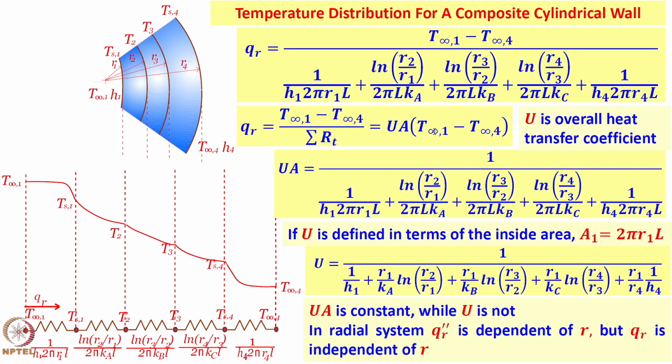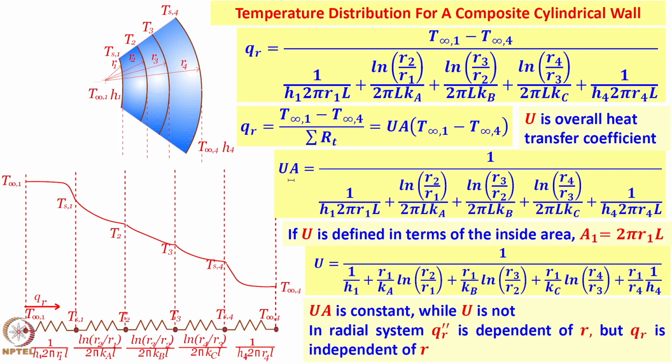What is this group of terms? It is nothing but 1 over the summation of the resistances: 1 by h1 2 pi r1 L, plus log r2 by r1 by 2 pi L ka, plus log r3 by r2 divided by 2 pi L kb, plus log r4 by r3 divided by 2 pi L kc, plus this one. This is called the overall heat transfer coefficient.